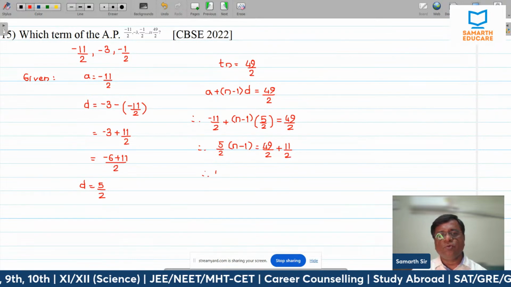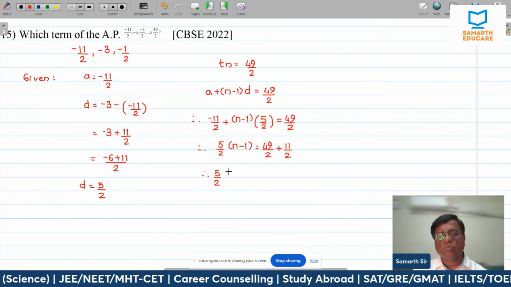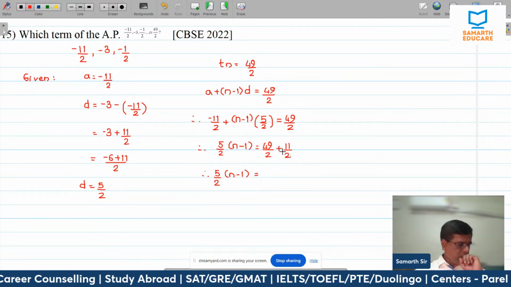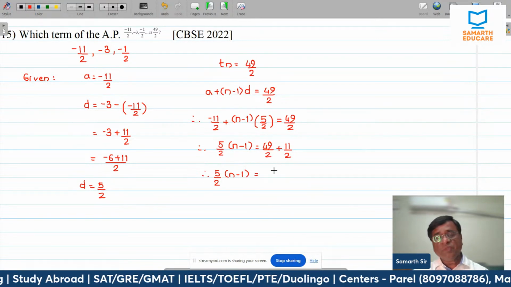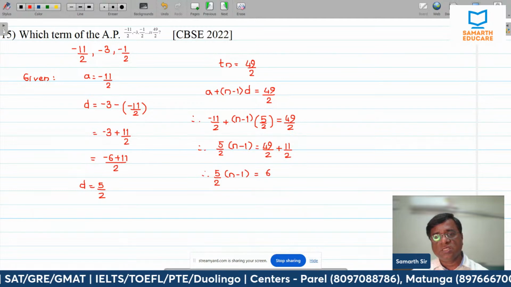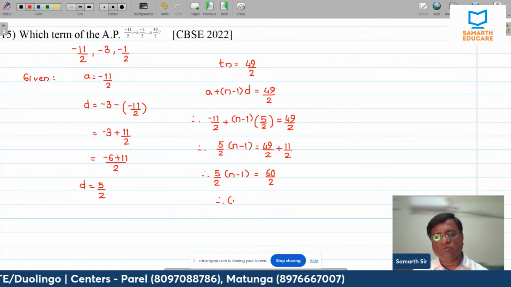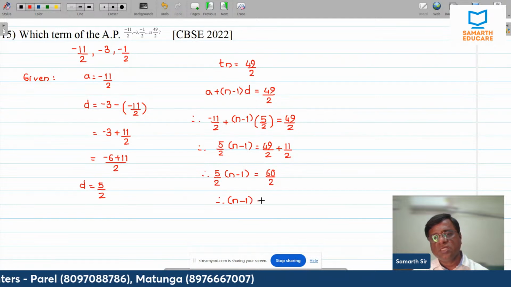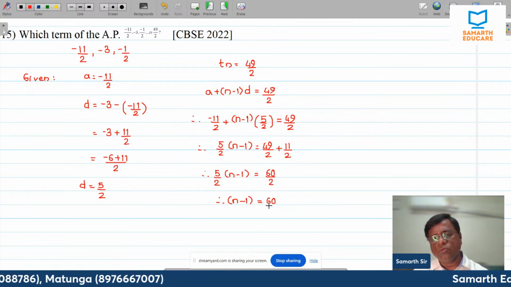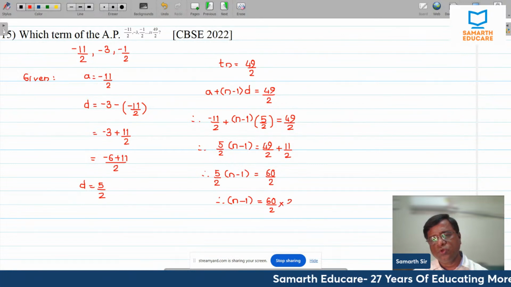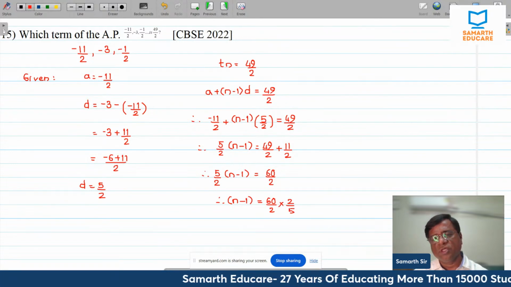So we have 5 upon 2 into n minus 1 is 49 plus 11, that is 60 divided by 2. So n minus 1 is 60 divided by 2. I can divide it definitely, but look at this, 2 upon 5 in this case.